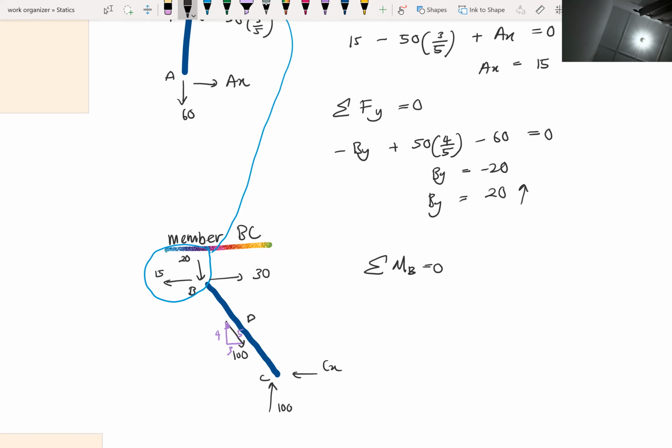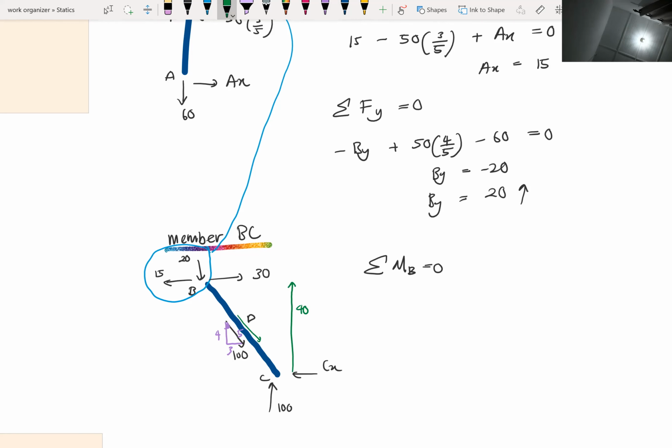We have to identify the force involved and the distance. We have Cx. D is not considered because it is in line with B. So for Cx, the distance is 40.